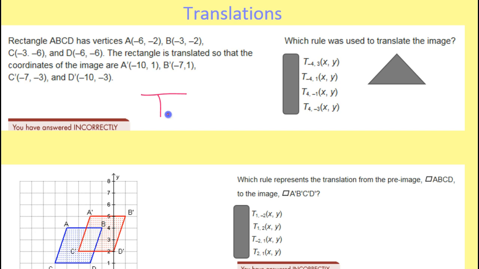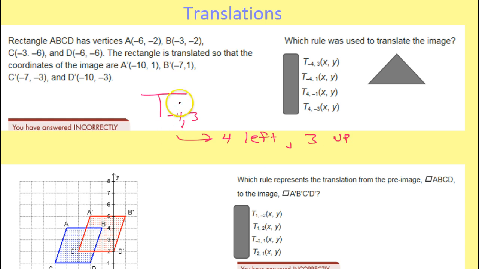If they say T and they say with a (-4, 3) right there, the -4 is your left-right motion. So this would mean 4 units left and 3 units up.